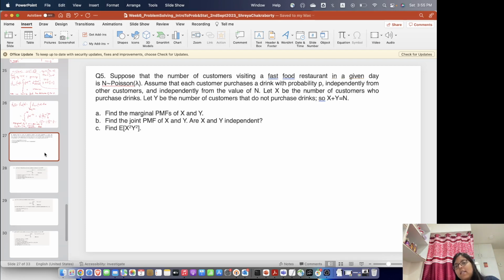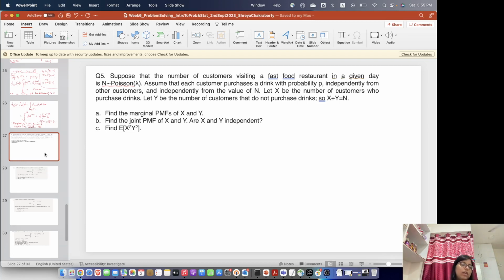So let x be the number of customers who purchase drinks. Let y be the number of customers that do not purchase drinks, so that x and y add up to n. Now we have to find out the marginal PMFs of x and y and the joint PMF of x and y.